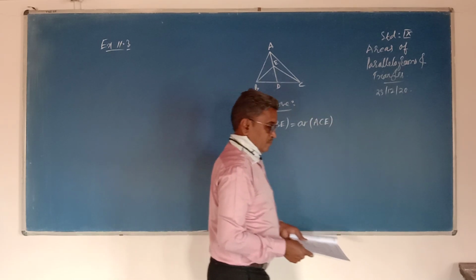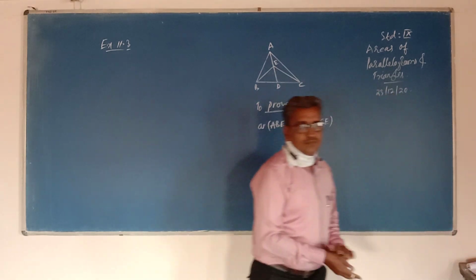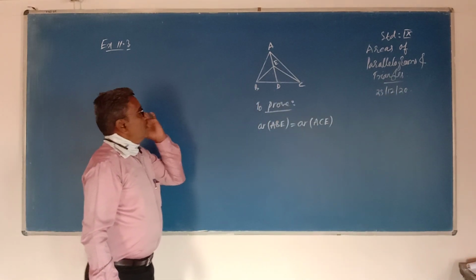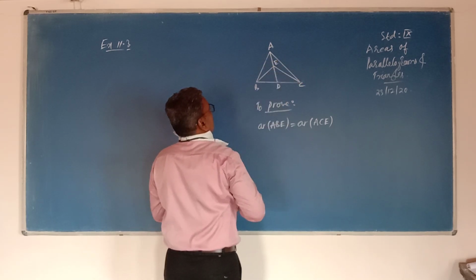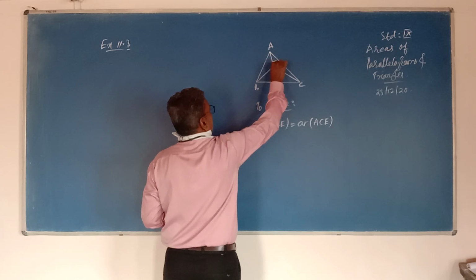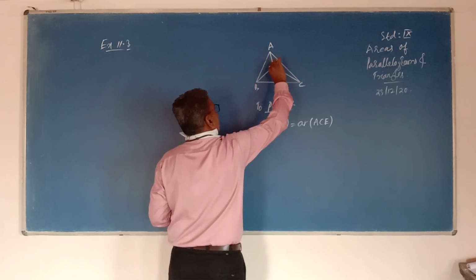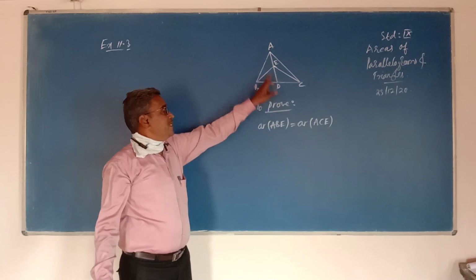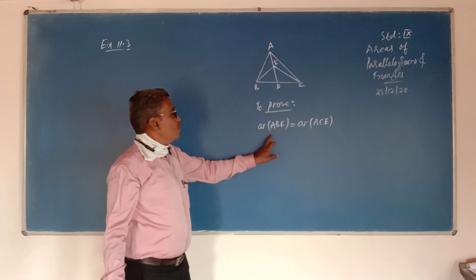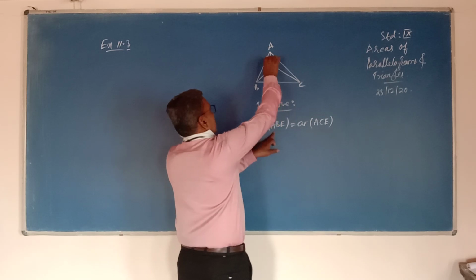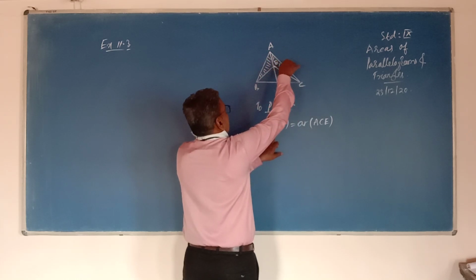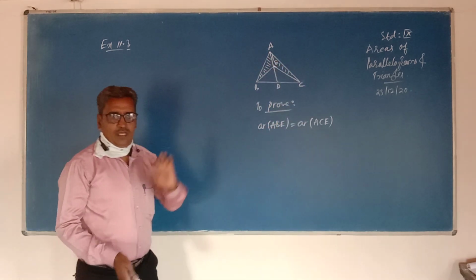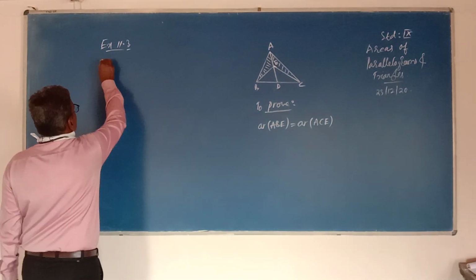See, very carefully you have to observe. This is the given figure. E is any point of the median AD. AD is the median. Then prove that the area of ABE is equal to the area of ACE.